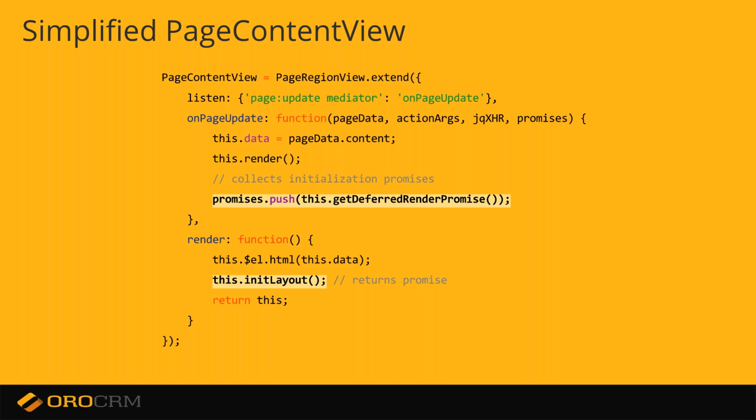This promise is added to the list of other promises of the page component. This way, the HTML of the page component is updated, and the controller will trigger the page after change event only once after the page is ready to use.